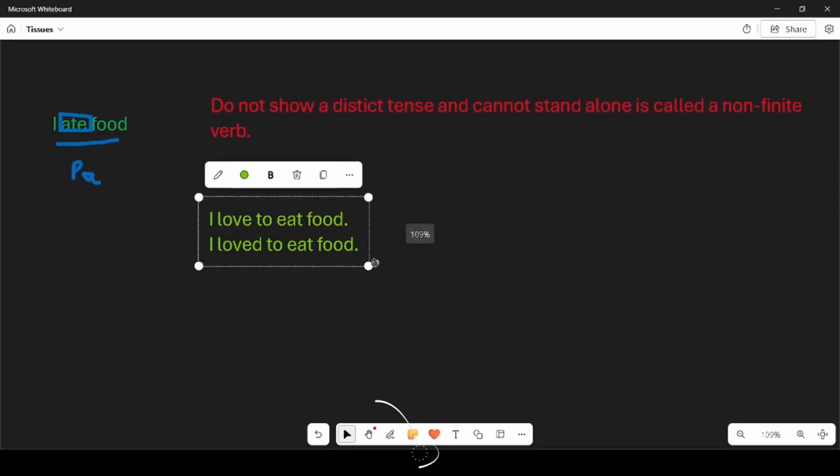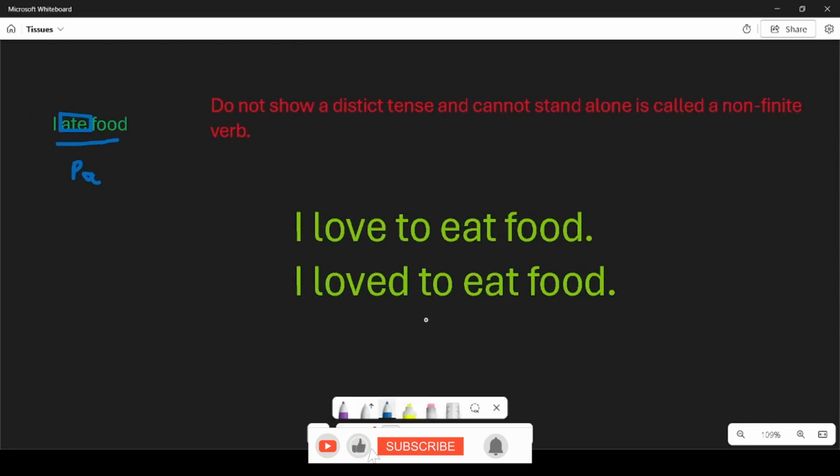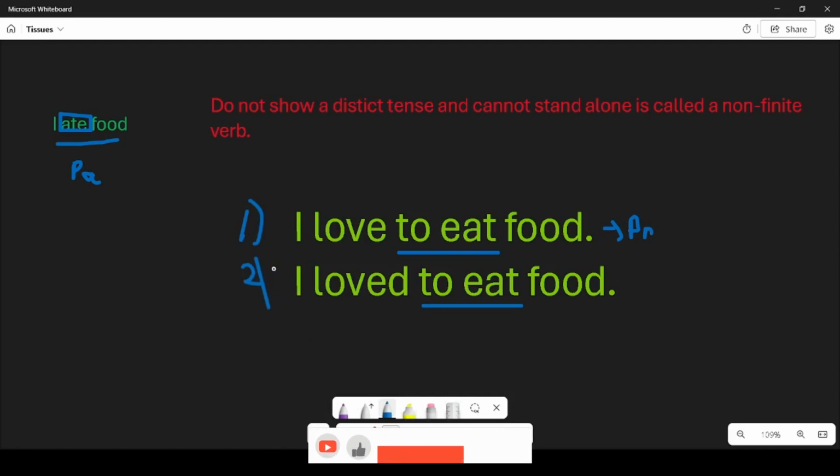Now, in the sentence, you can see that the word to eat is the same in both the sentences. The first sentence is a present form, PR. In the second sentence, you can see that this sentence is past.